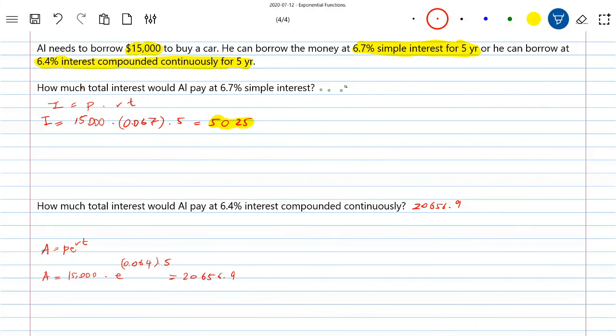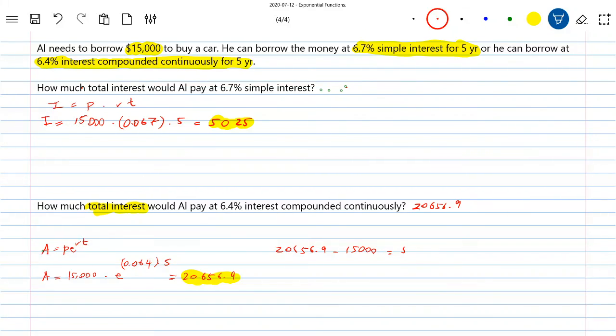Okay, so this is the total amount. So what they want is the total interest. How much is the total interest? You already have 15,000, so you have to deduct the 15,000 from it. So the interest would be 20,656.9 minus 15,000.